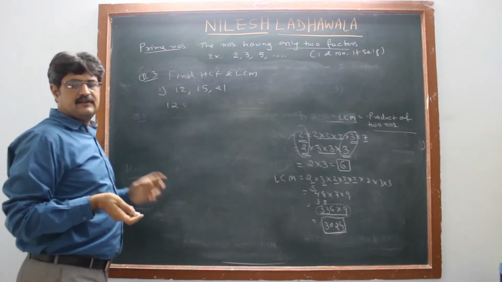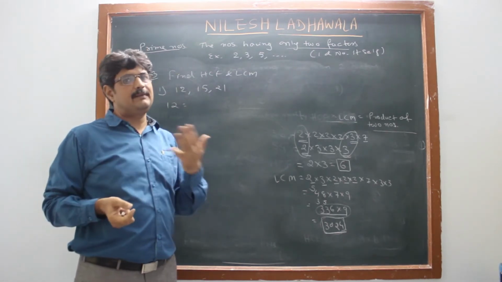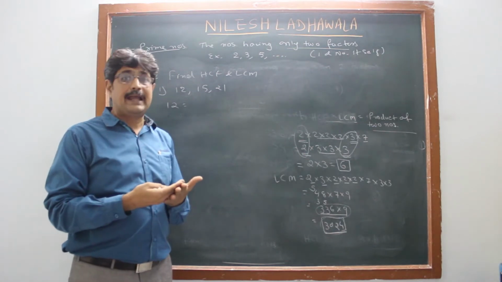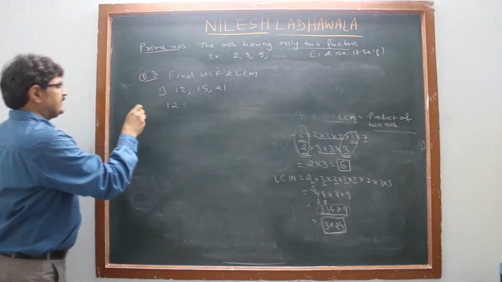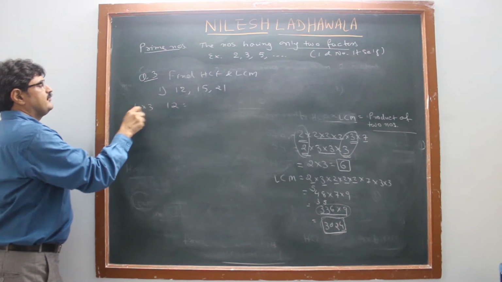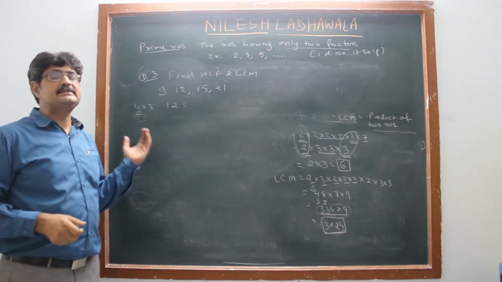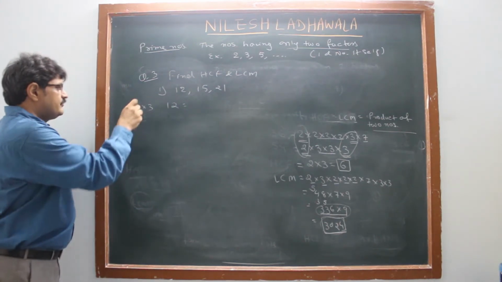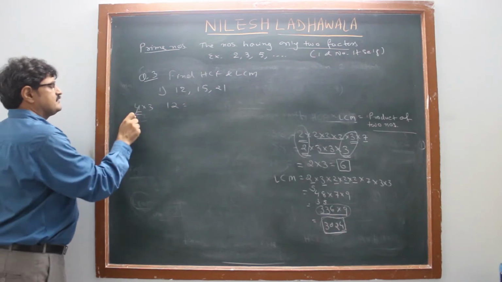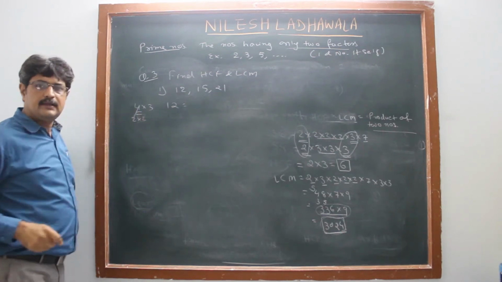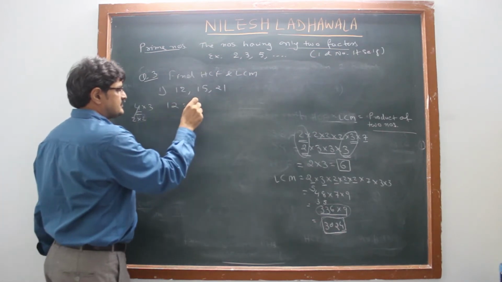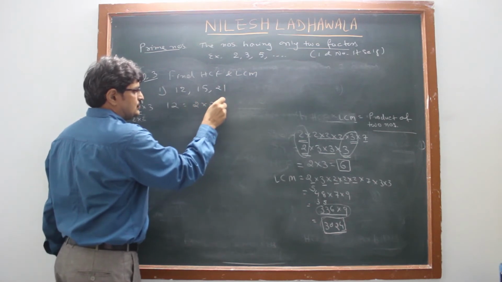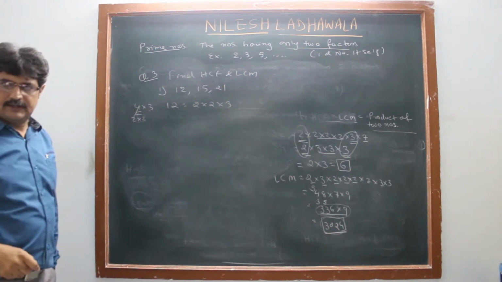You all know the factors of 12: 4 multiplied by 3. But 4 is not a prime number, it is a composite number, so we can further factorize 4 as 2 multiplied by 2. So the prime factors of 12 can be written as 2 into 2 into 3.